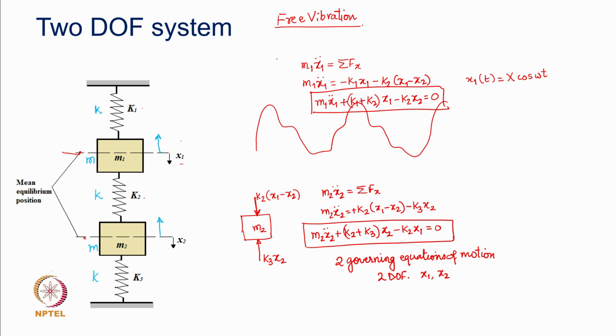Now, you start questioning what is the purpose of such a hypothetical case. We will talk about when this gets violated, what happens, but for the sake of some initial understanding, just imagine that both of these two masses are moved together with the same amplitude, okay, right, and then you release them.